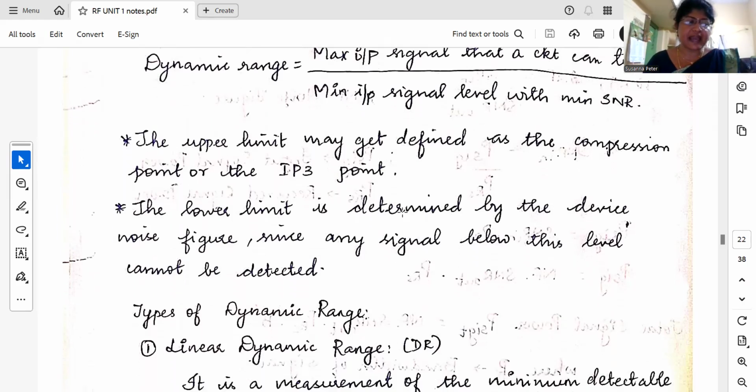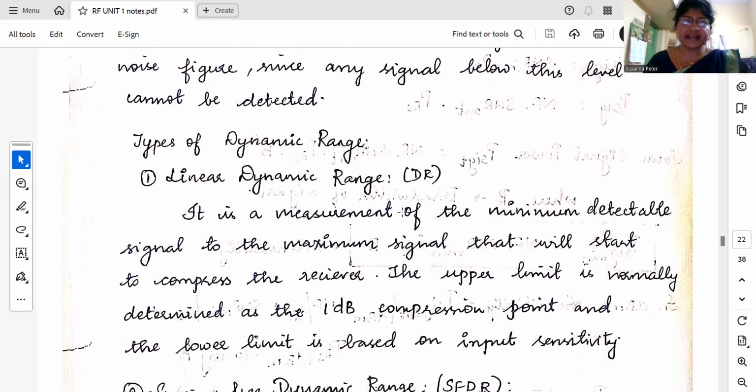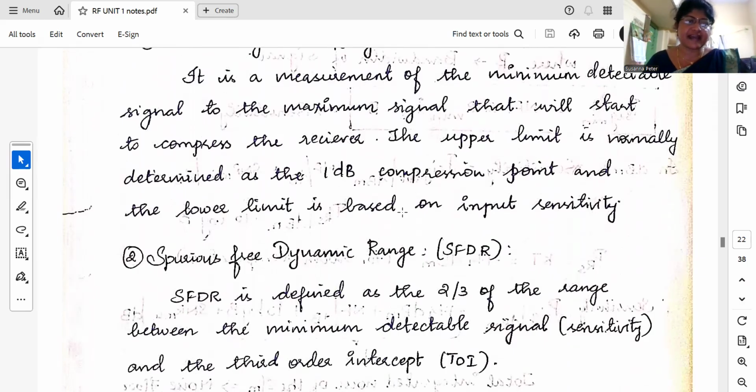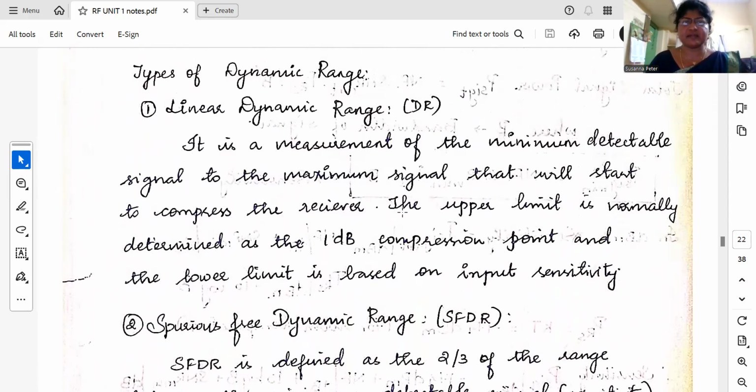You have various types of dynamic range. There are two types: linear dynamic range and spurious free dynamic range. So what is linear dynamic range? Linear dynamic range is the measurement from the minimum detectable signal, which relates to sensitivity, to the maximum signal that will start to compress the receiver.